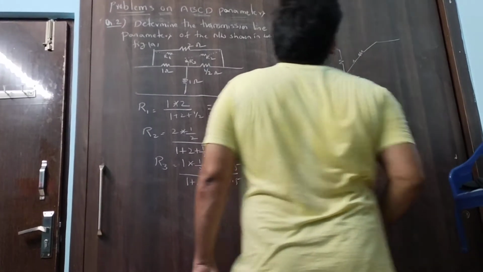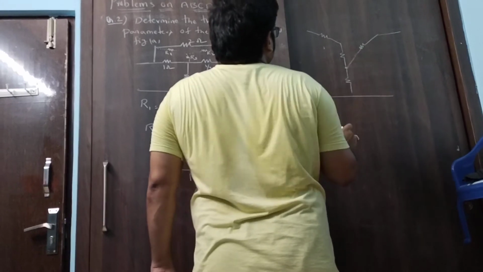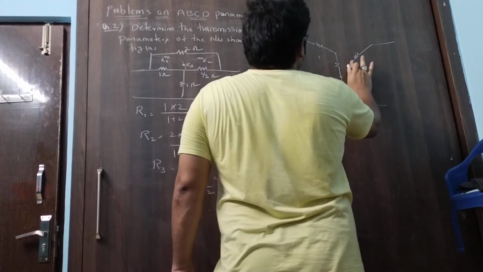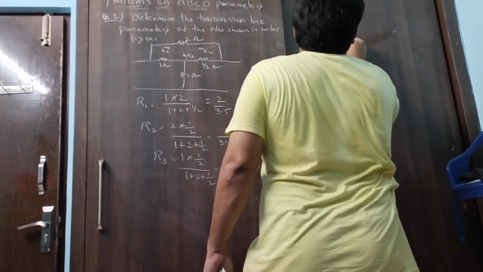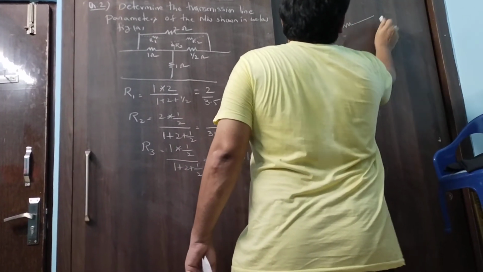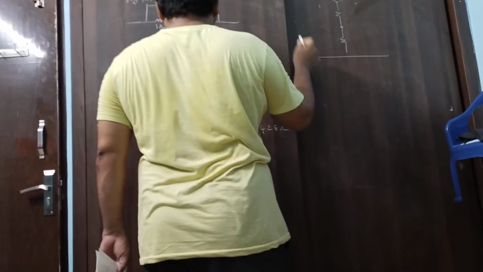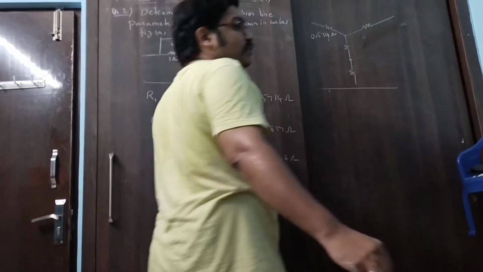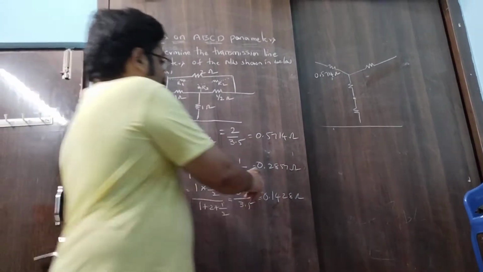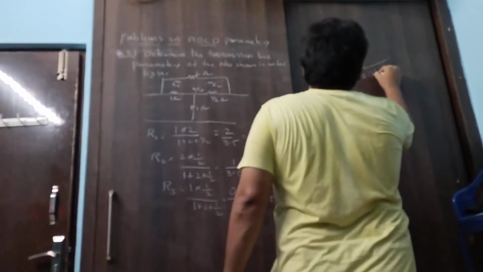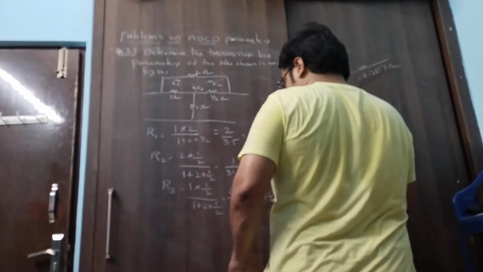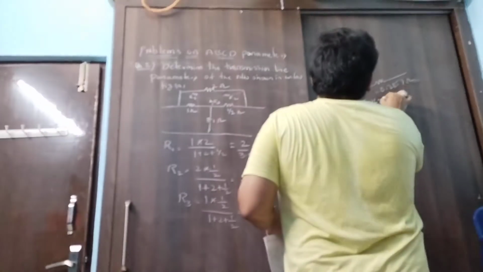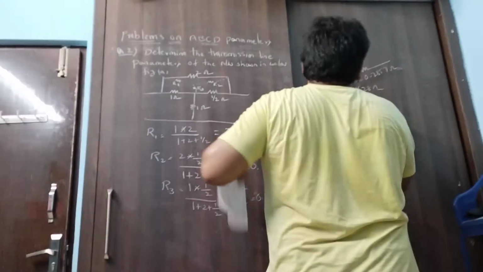So now the R1 value will be 0.5714 ohm, the R2 value will be 0.2857 ohm, the R3 value is 0.1428 ohm, and then finally you have 1 ohm.